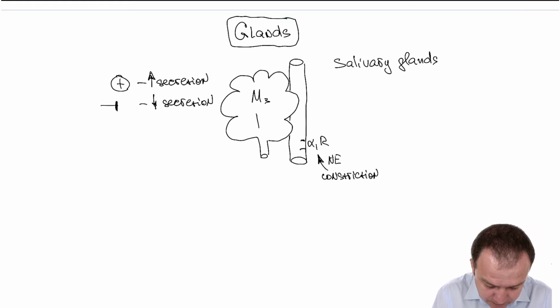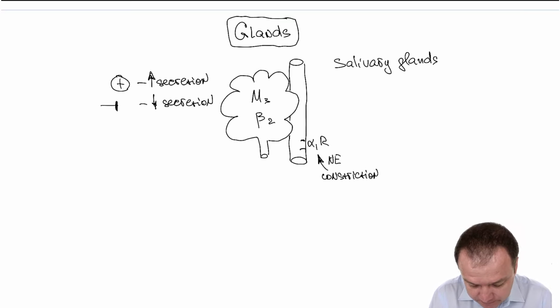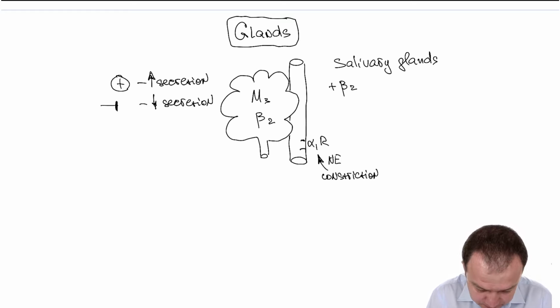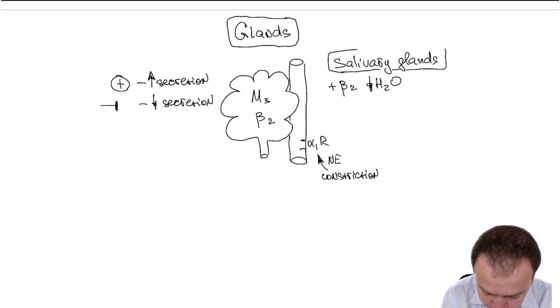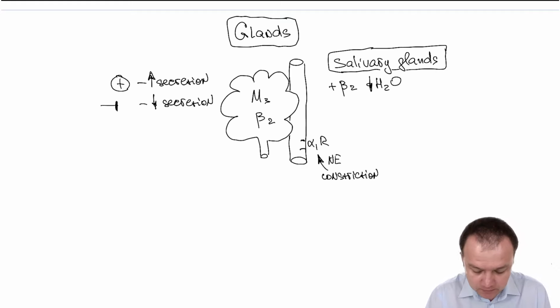Also inside salivary glands we have beta-2 adrenergic receptors, and stimulation of beta-2 adrenergic receptors decreases water amount in the salivary glands. It's not so crucial to know, but it would be nice if you will know that.